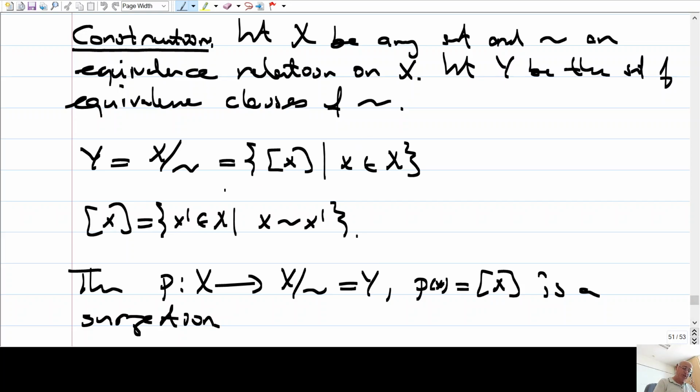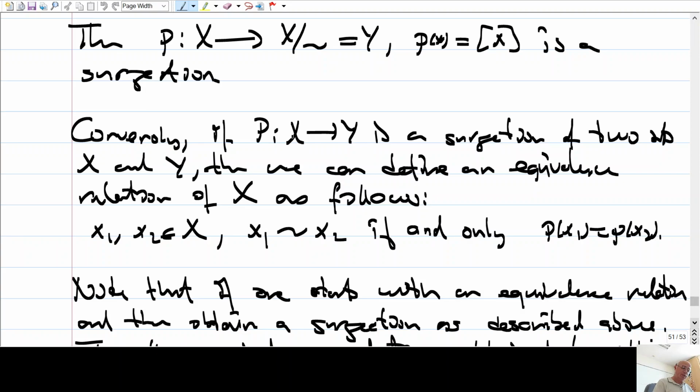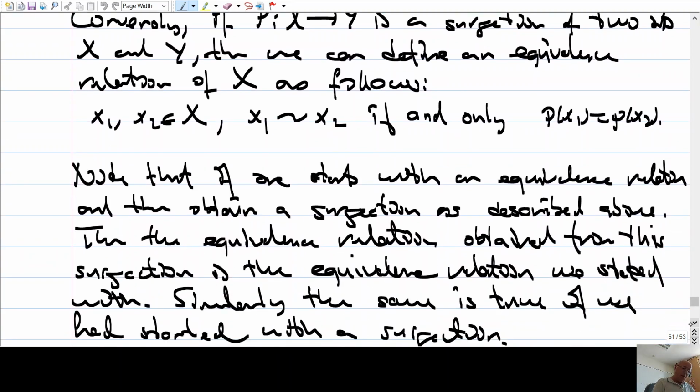So given a relation, we consider the set of equivalence classes, call it Y, and then we have a map from X to Y sending a point to its equivalence class. And conversely, if we have a surjection, then using this surjection, we can define an equivalence relation on X, where two elements of X are related if and only if they have the same images under P. And then these two constructions determine each other.